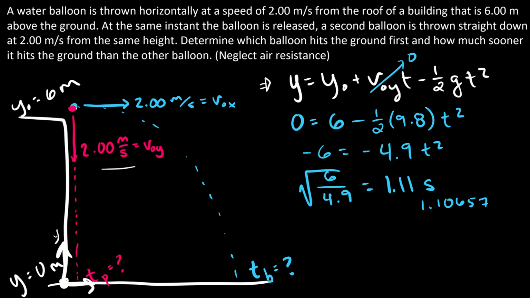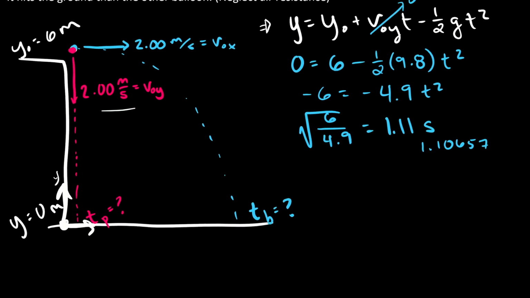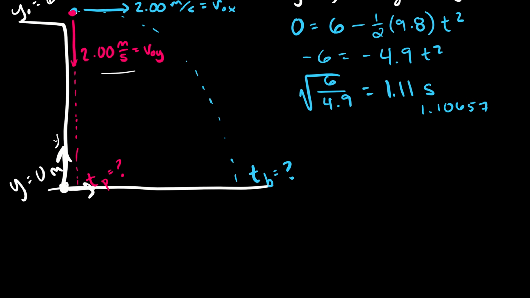Now we want to look at when our pink one hits the ground. Again, we can set up our same equation here. It looks similar, but it's a bit more complicated because there's an initial y velocity.